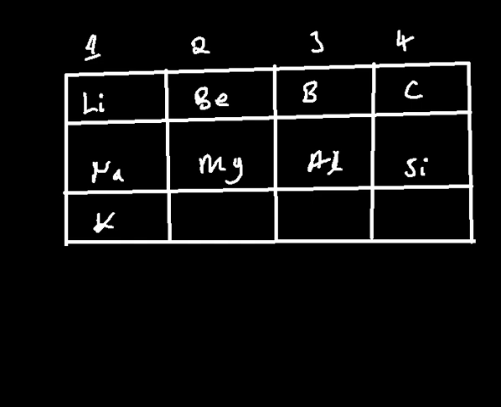So elements in the same group must portray the same chemical properties. In other words, the way lithium behaves is the same way sodium behaves, and also the same way potassium behaves. The way beryllium behaves, the same way magnesium has to behave, likewise as we go down. And this only happens if the elements are in the same group.